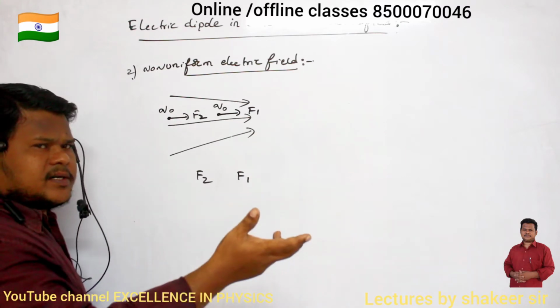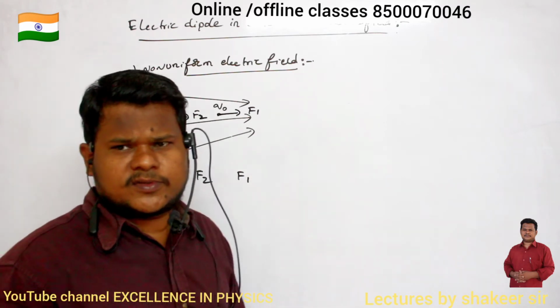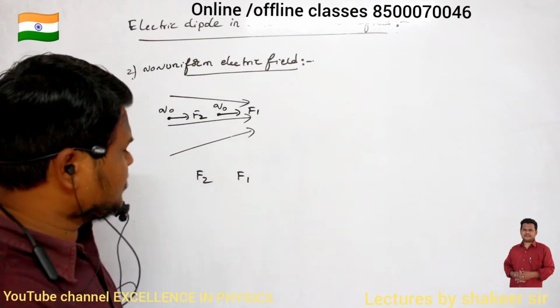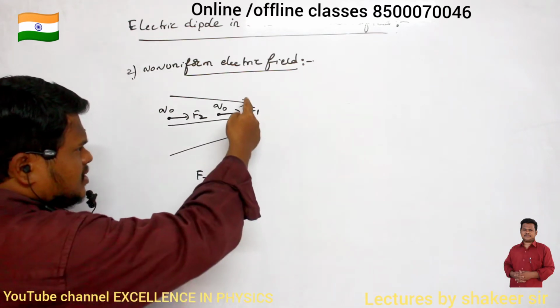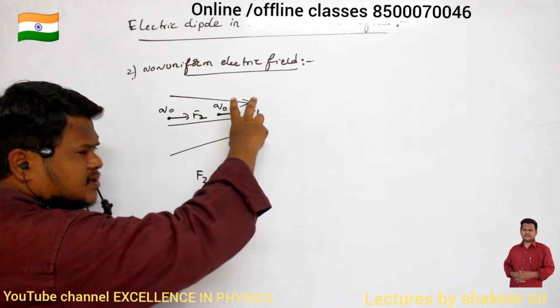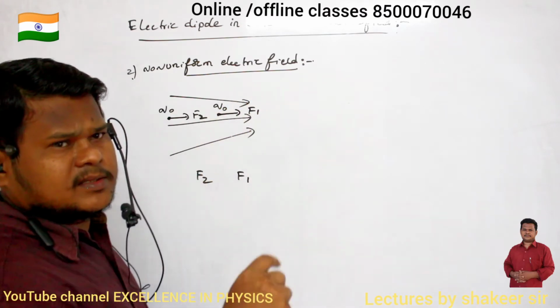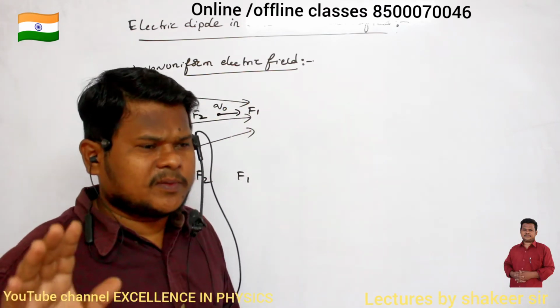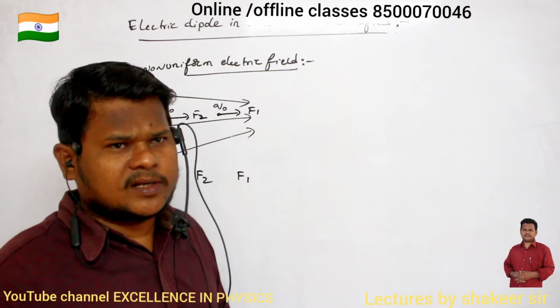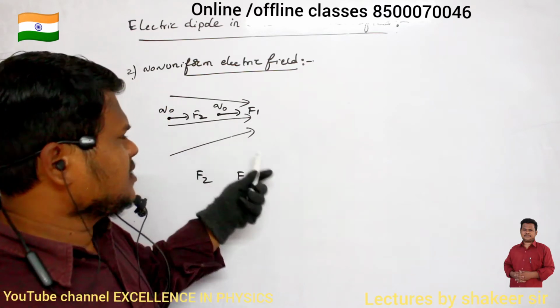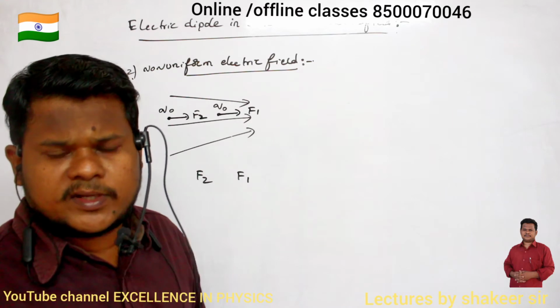Why is F1 greater? Because we already studied the properties of electric lines of force in the last class. If electric lines of force are concentrated closer to each other, then the force experienced by the charge will be greater. If the density of electric lines of force increases, the electric field value also increases.